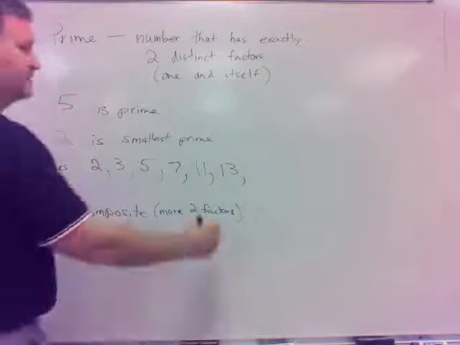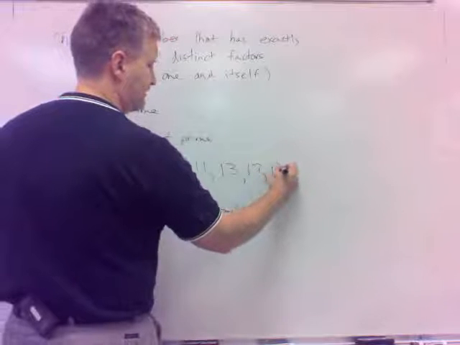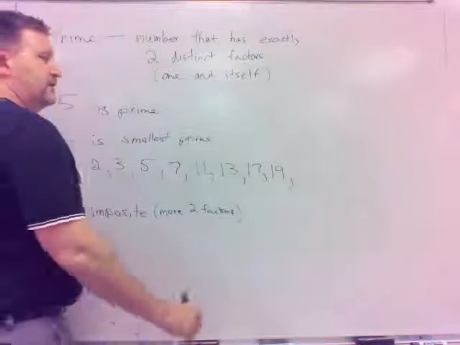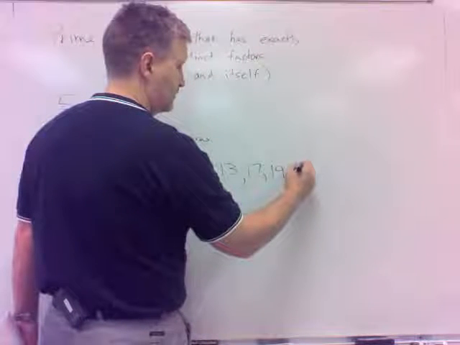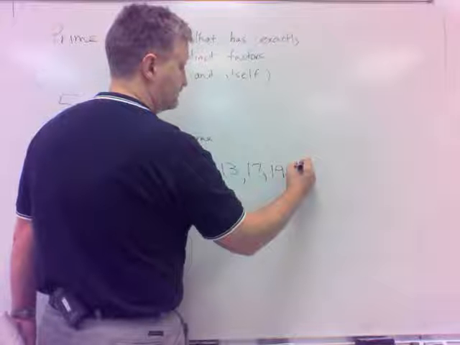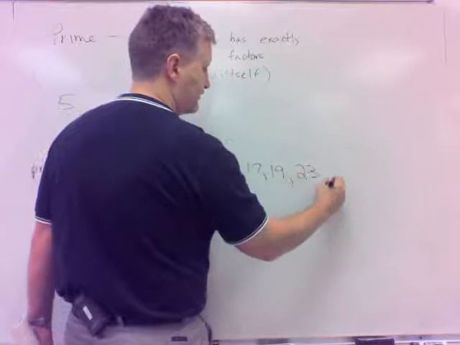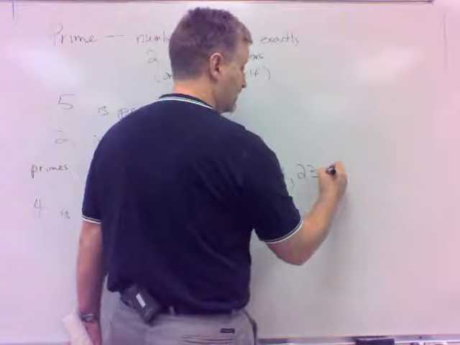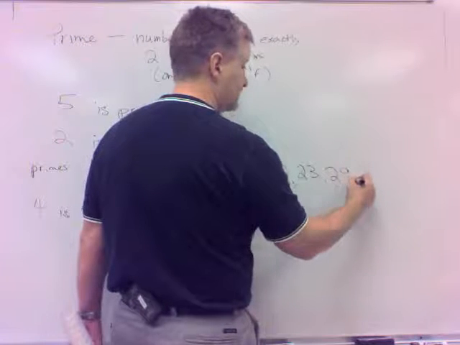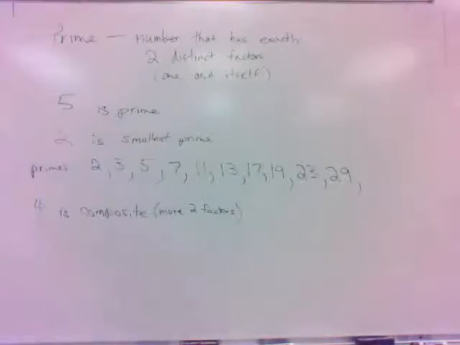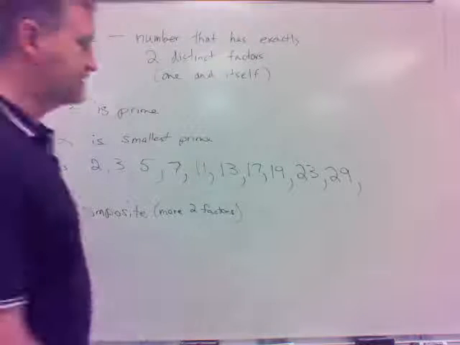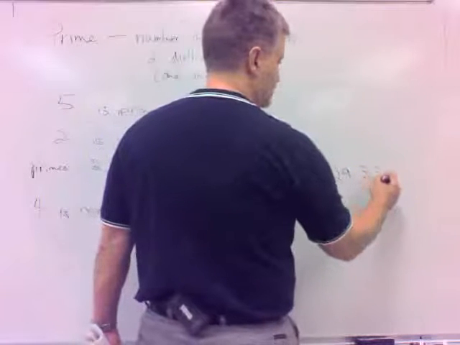Nope. 17, yes. 19, yes. 21, no. 23, yes. 25, 27, 29. 29 is the next one. 25 and 27 aren't, because they have factors. And then 31 is.